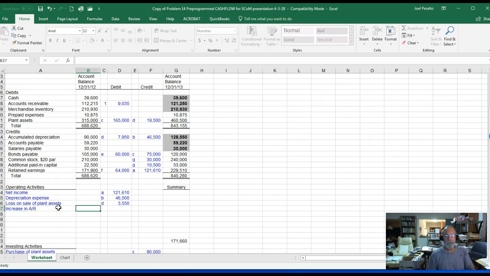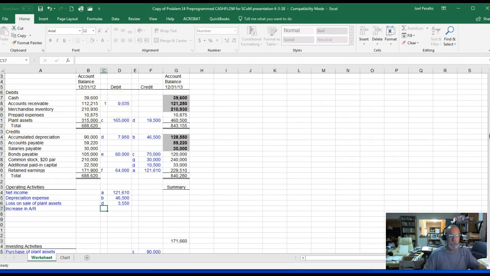Now this gets a little tricky. When a current asset increases, what is the effect on cash flow? What is the effect on cash?